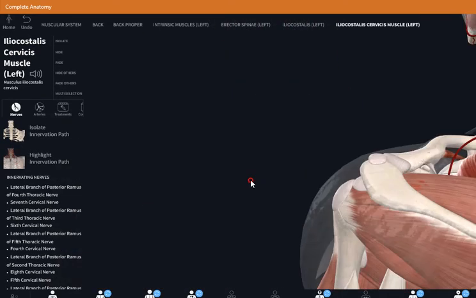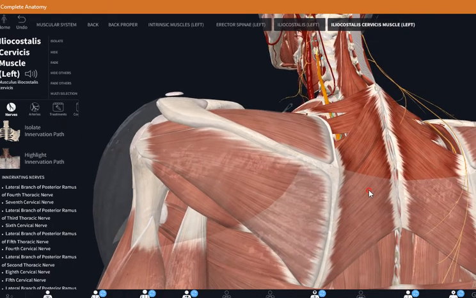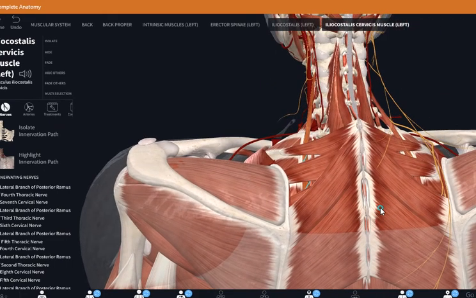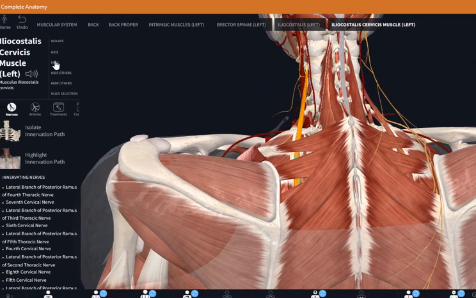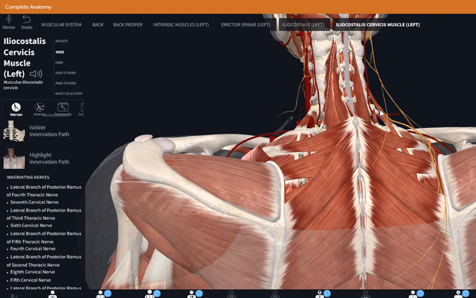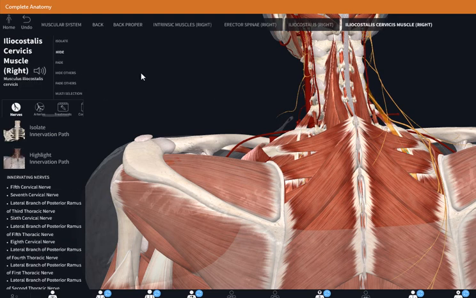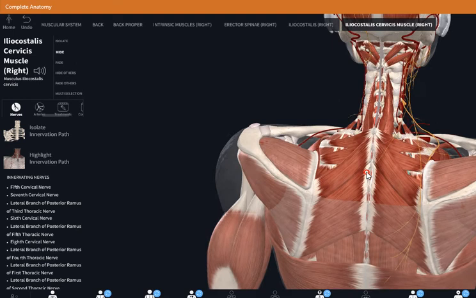So now we can remove the iliocostalis cervicis muscle. We hide it on this side, and come on the other side and hide it.